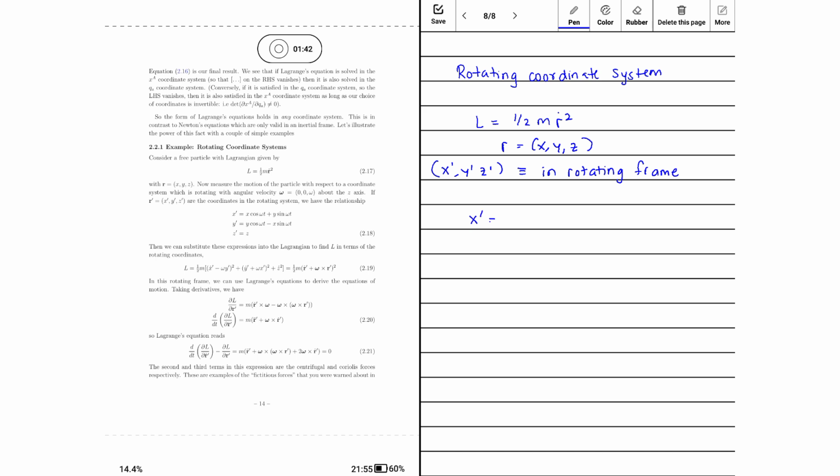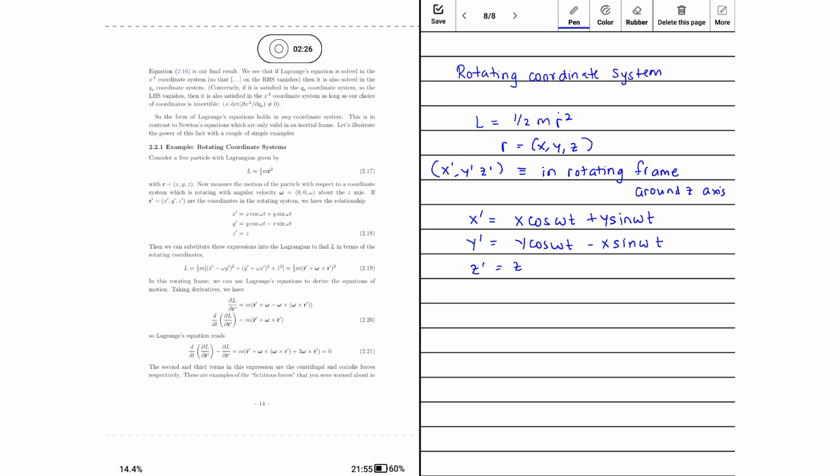So x dash will be x cos omega t, suppose rotating around the z axis, plus y sin omega t. This is like rotation of the coordinate system, just that it will be a function of t, so it will be minus, okay, and z dash equals z.